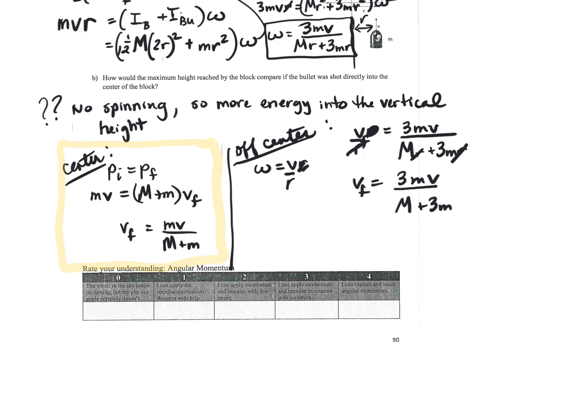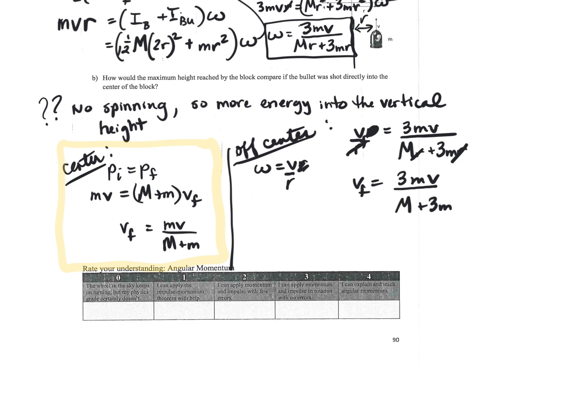Even though the block is going to spin in the second case rather than the first case, part of the V that you're getting that seems to be the higher speed is still just the rotational part of it, and that doesn't play into how far up it goes. It just plays into actually getting it rotated around. Does that make sense to you? So guess what? That V is really the tangential velocity, not the linear velocity.